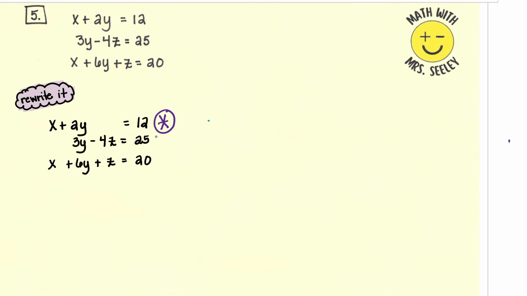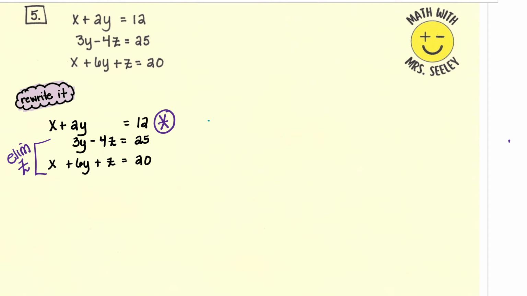That's what I'll do. But I didn't have to do it that way. If I had chosen this to be my star equation, the x's would have been gone, and I would have eliminated the two x's.